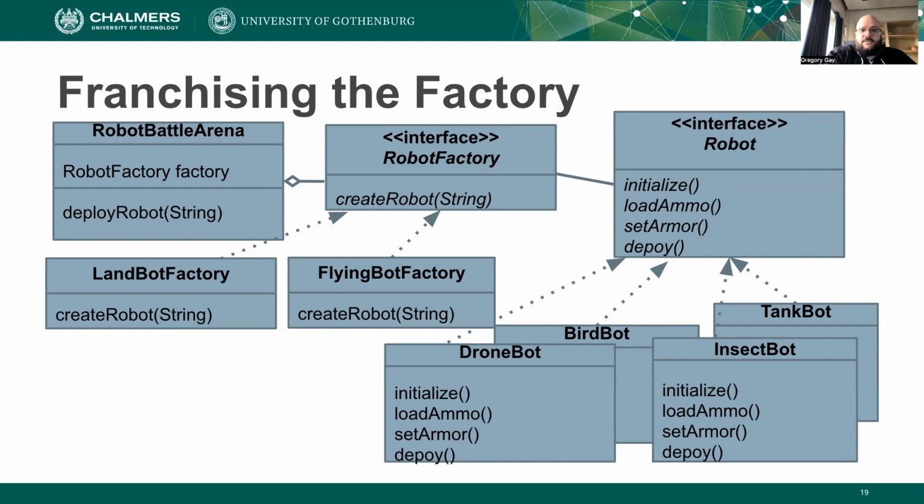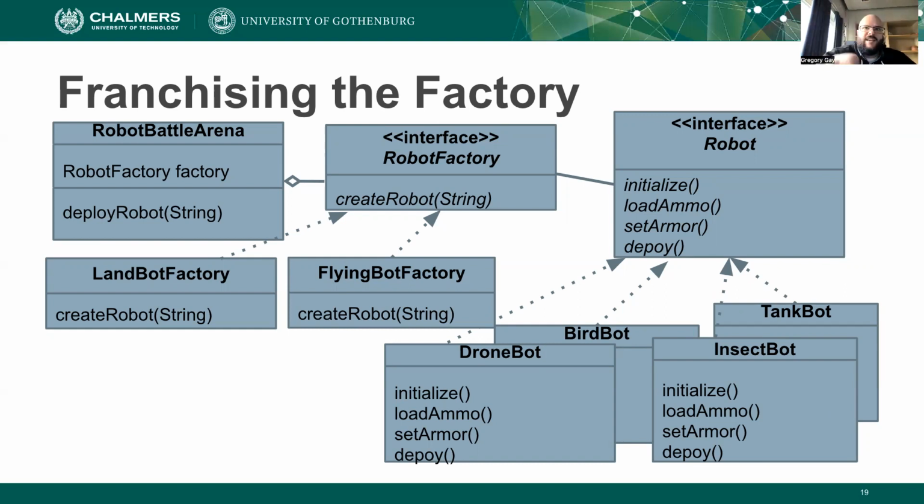And that means that we want to create a factory interface and spin that off into concrete factories that offer the same contract to other methods. All of our robot factories offer this create robot method. Its internals might differ, but every factory is going to be accessed in the same way.